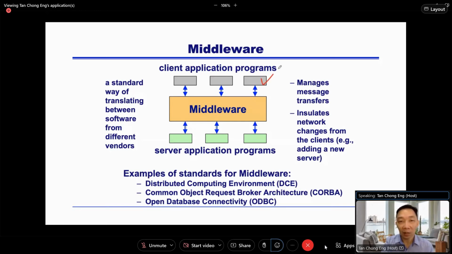This is the client, and all these clients are actually built by different manufacturers, and they may not necessarily be able to talk to the server component.